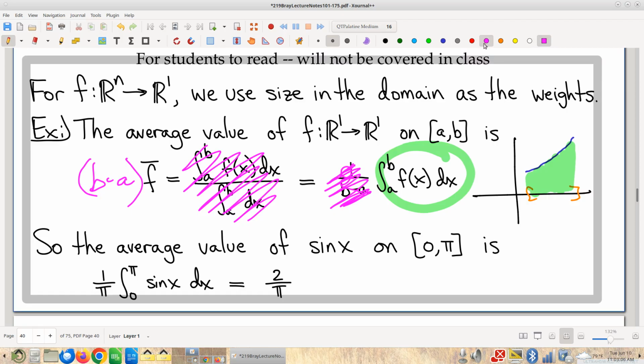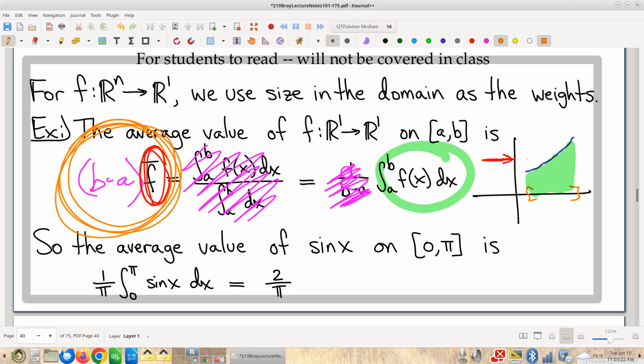The average value is determined as per that formula. If that's the average value, then that just makes the green area equal to this orange area. So it's a nice little alternative take on the average value.